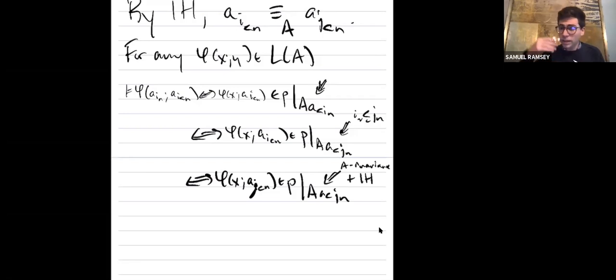What invariance told us is that whether or not a formula goes in the type is determined entirely by the type of the parameters over A. Our inductive hypothesis told us that a_{i<n} had the same type as a_{j<n} over A. So because these two tuples have the same type over A, and this type p is A-invariant, I know that this goes in the type if and only if this goes in the type.